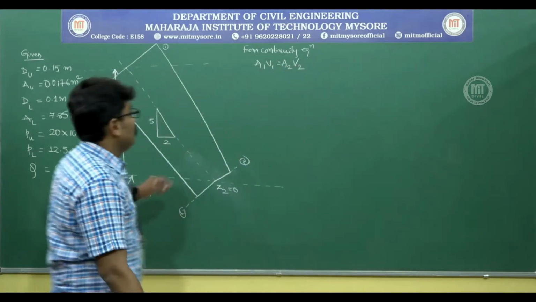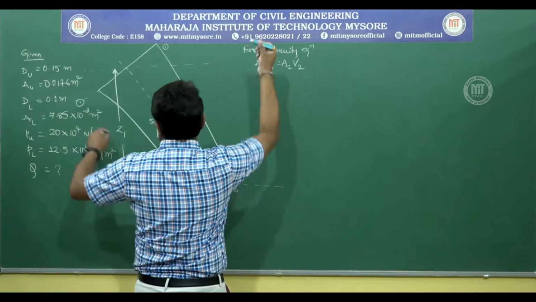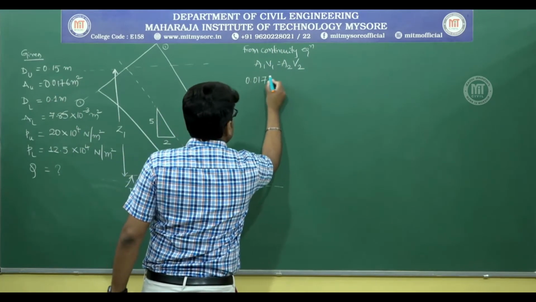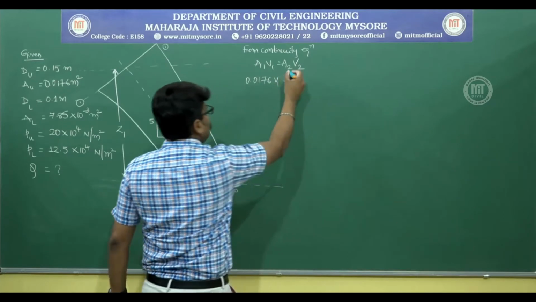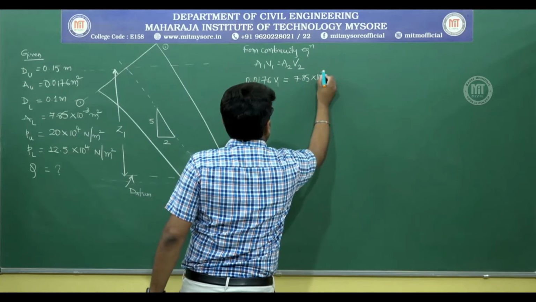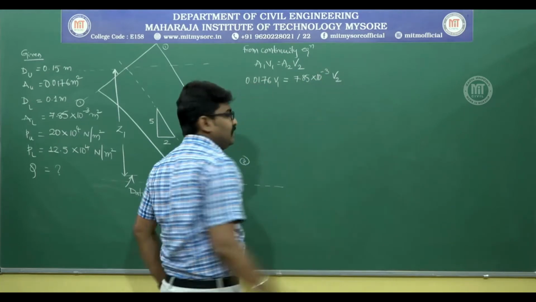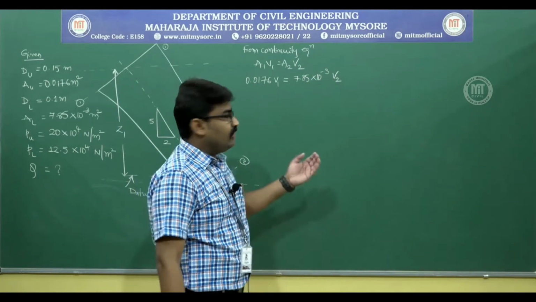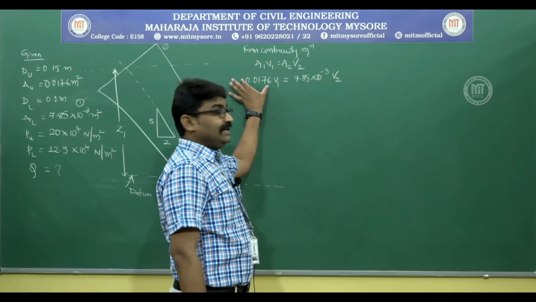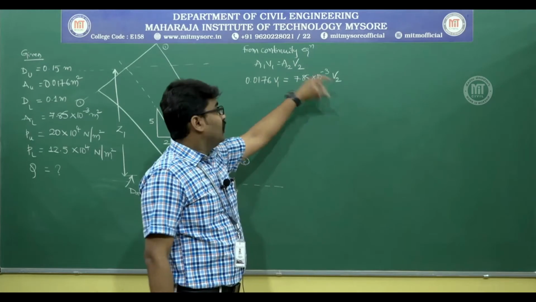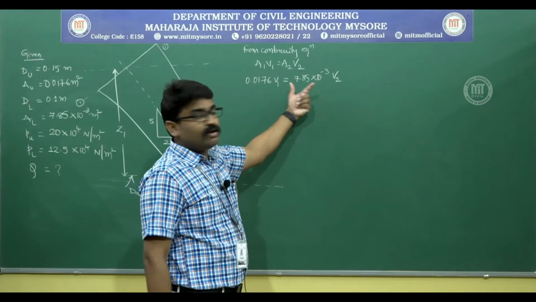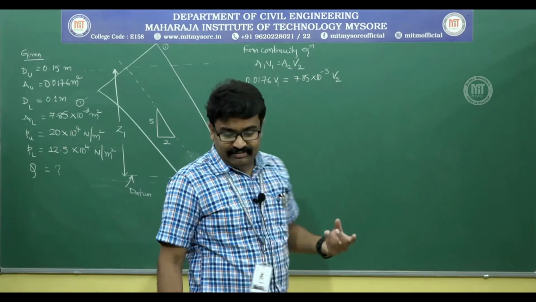Now you have A1 V1 is equal to A2 V2 from continuity equation, that is nothing but 0.0176 V1 is equal to 7.85 into 10 power minus 3 V2. You can keep either V1 in terms of V2 or V2 in terms of V1. If you want to keep V1 in terms of V2, send this to the right hand side, or else if you want to keep V2 in terms of V1, send 7.85 into 10 power minus 3 onto the left hand side.